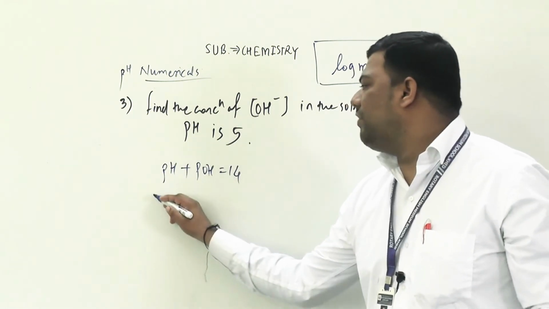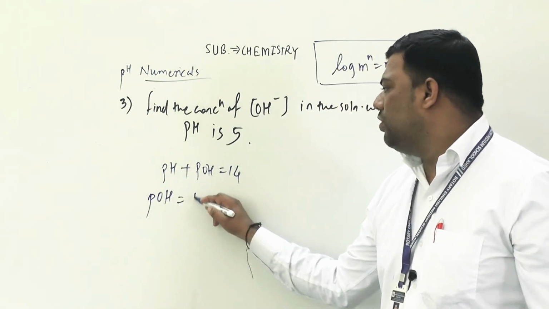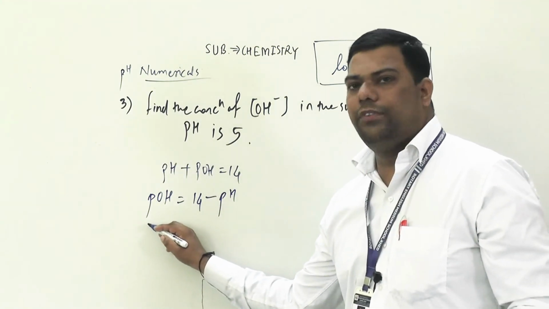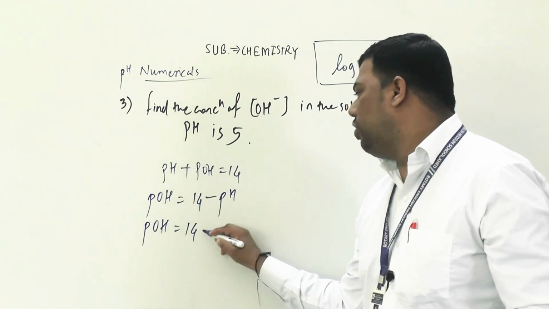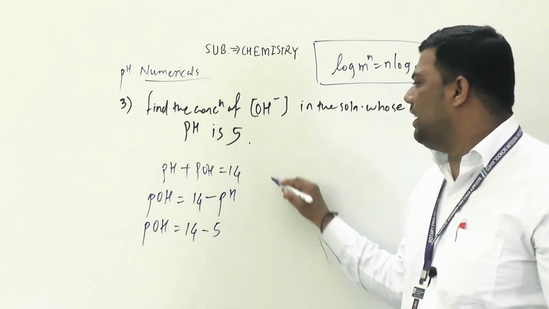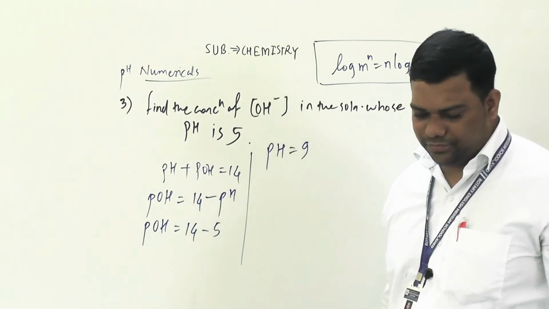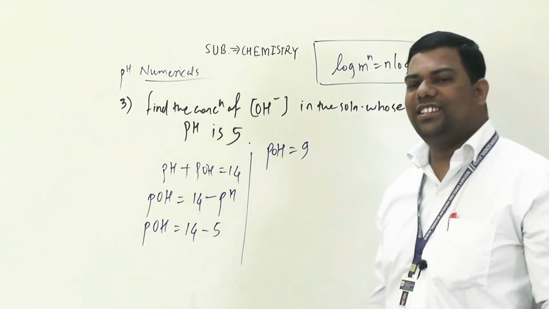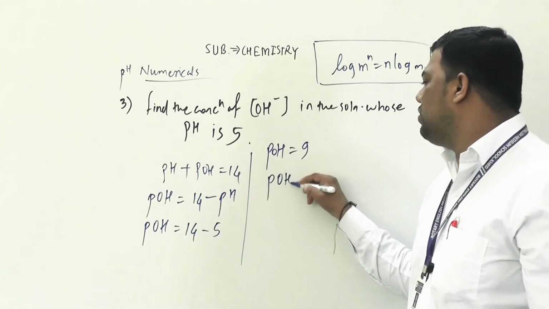So for that we need to calculate this pOH. pH we know, so what will come? 14 minus pH. If you put this value, pOH is 14 minus 5, how much? 9. Understood?